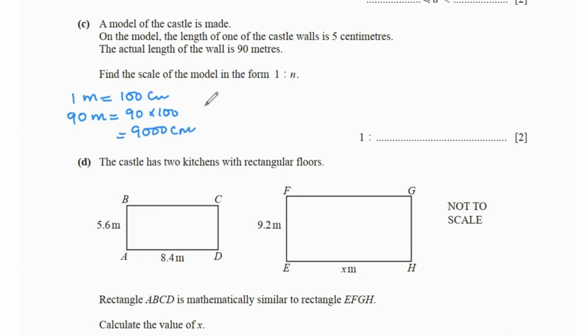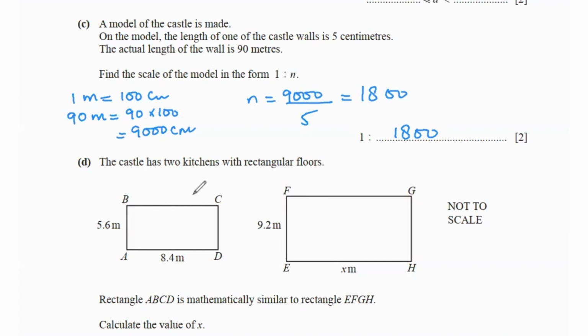Why? Because you're trying to find the value of n. So n is going to be 9,000 divided by 5, which is 1,800. So it's 1:1,800. Once again, on the model, the length of the castle wall is 5 centimeters.